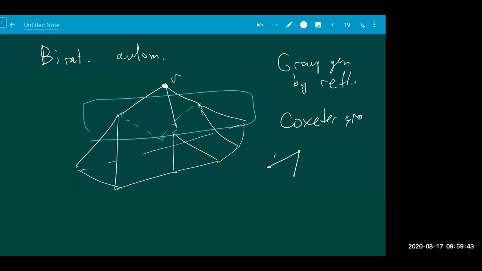When you put infinity on each edge, it means that the product of two involutions will have order infinity. It's just no relation. But if they're not connected, then they will commute. So you get a huge Coxeter group acting on your variety.